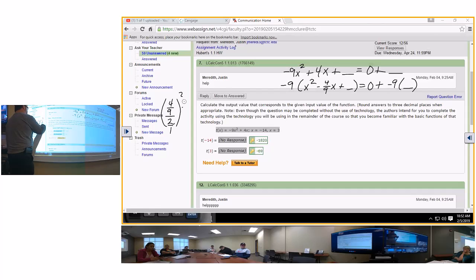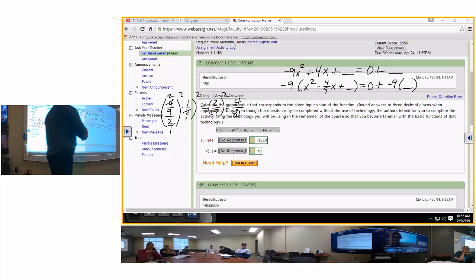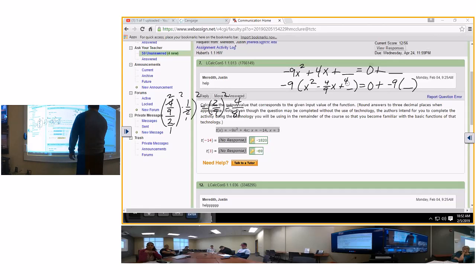I'm going to multiply by 1/2, square it. So 4 over what? 18? Wait a minute, this will cancel. 2 over 9. Somebody check me. 2 over 9 squared will be what? 4 over what? 81, Hubert. That's right, class.